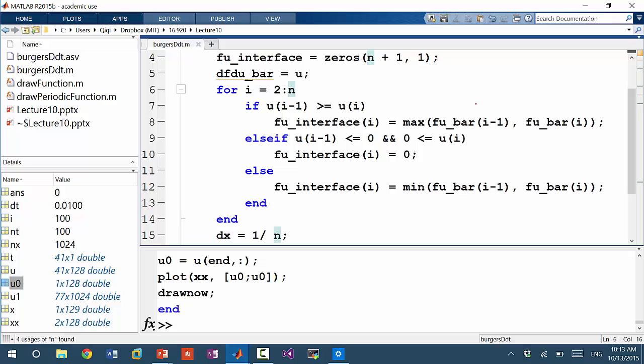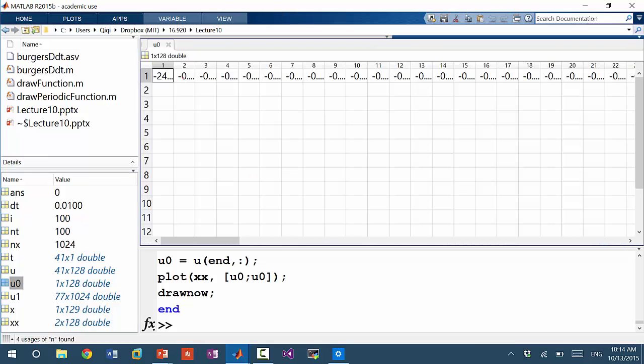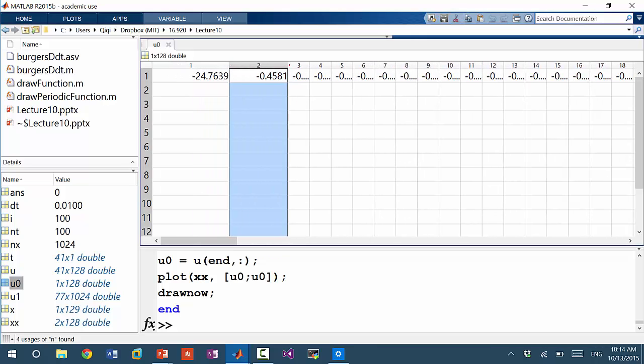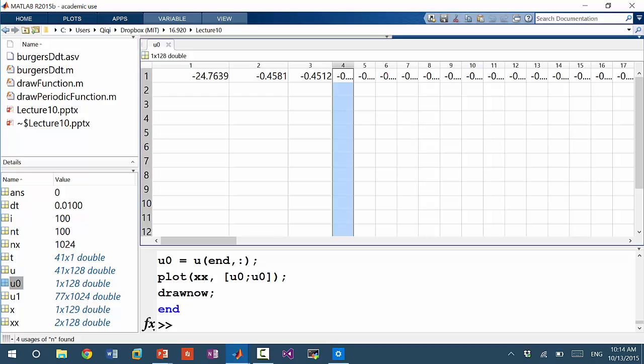So what happened is, let's look at what my U is. My U is negative and negative.